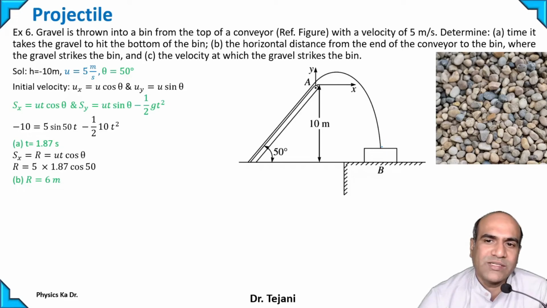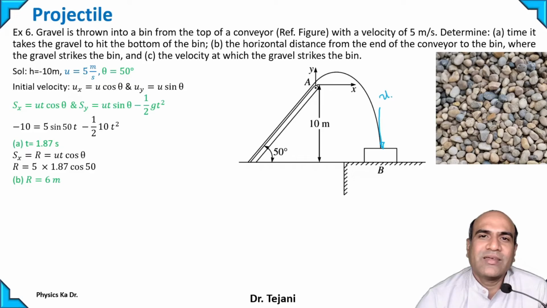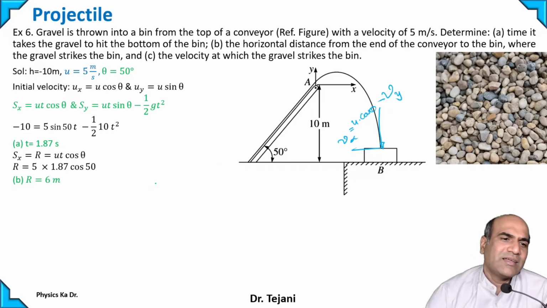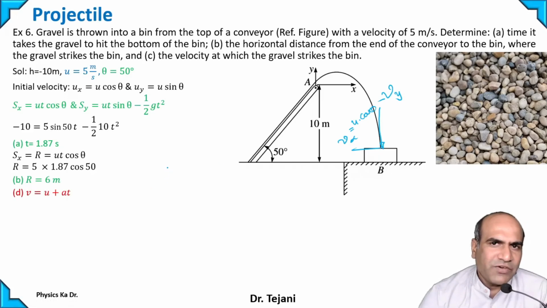So there will be two velocities. One is the vertical component, final velocity Vy, that is negative, and another will be Vx, that will be the initial velocity, you can take u cos theta. So we know the equation of motion v is equal to u plus at. That is the first equation. We can take the horizontal component and the vertical component.